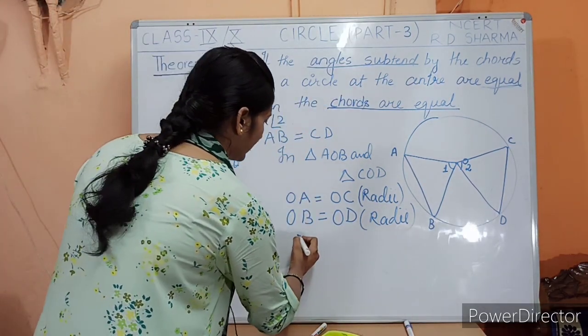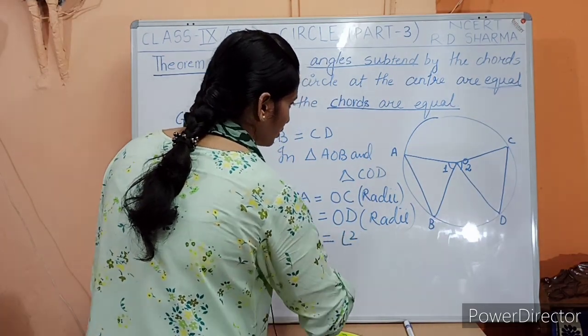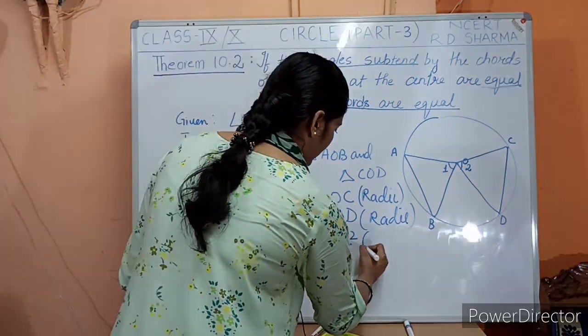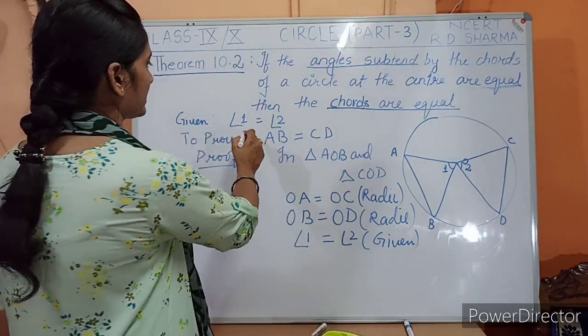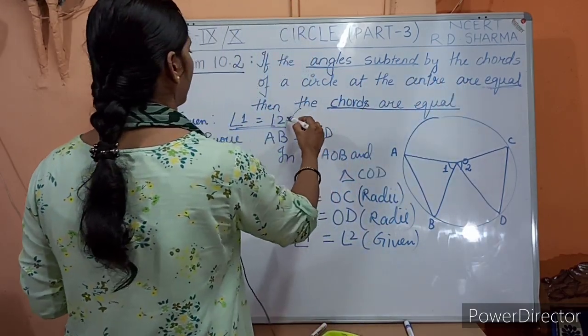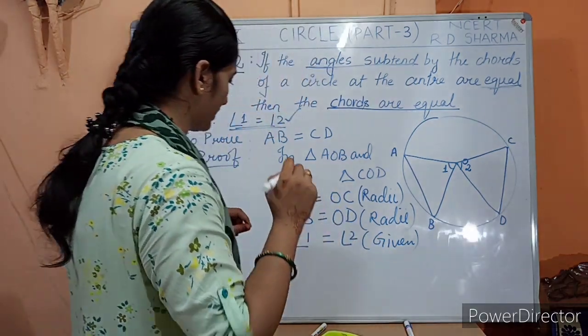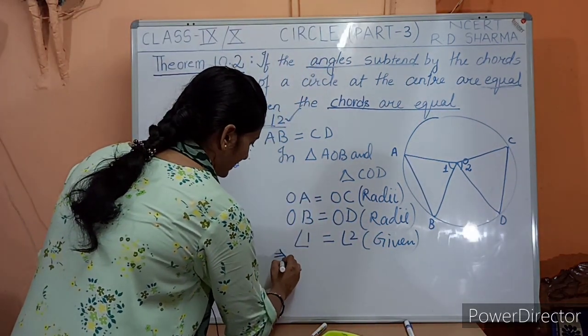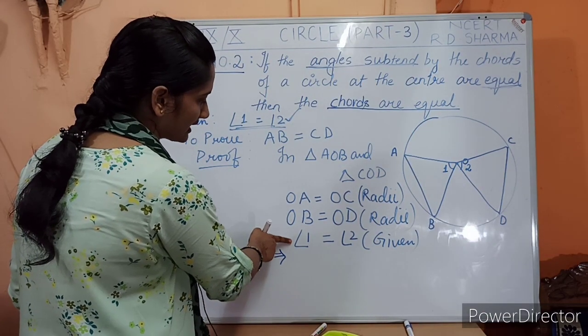Now the third thing, it is already given to us that angle 1 is equal to angle 2, right? And this point we can write in the reason as it is given to us. You can see, ये देखो, angles subtended are equal, so we can write angle 1 must be equal to angle 2. This part is given to us. So now this is the side, this is the side, this is the angle.